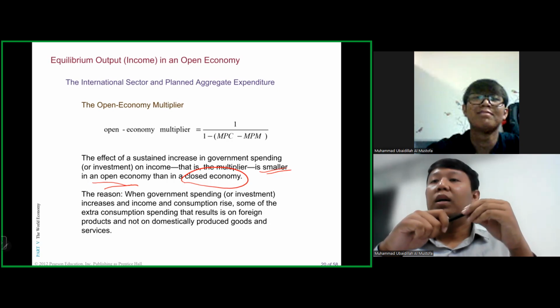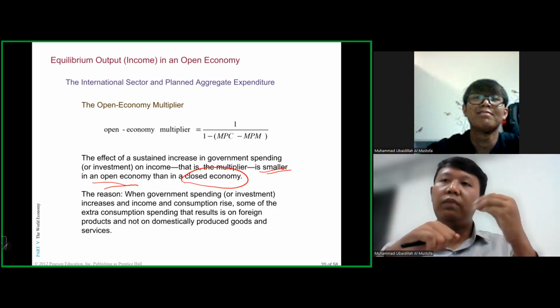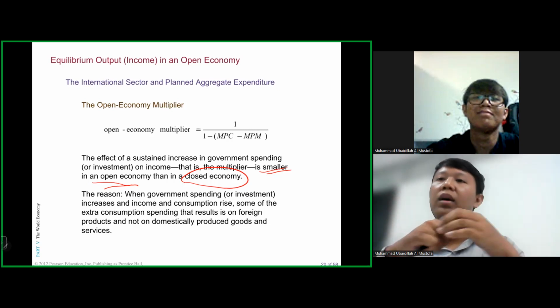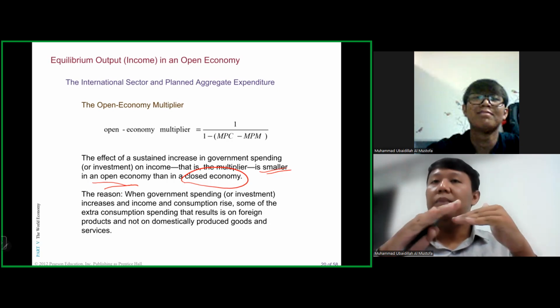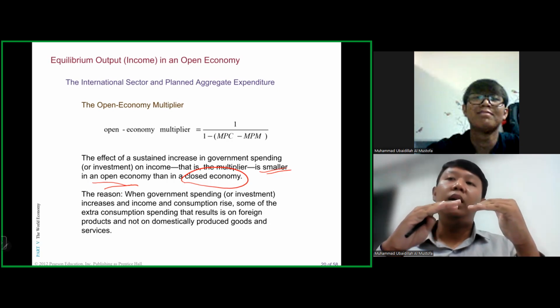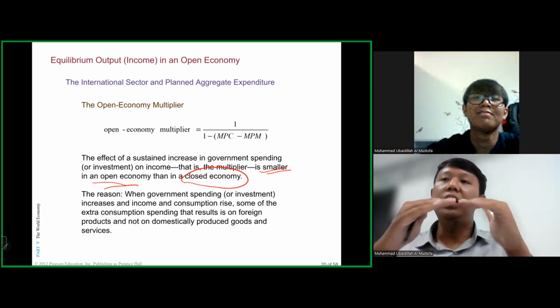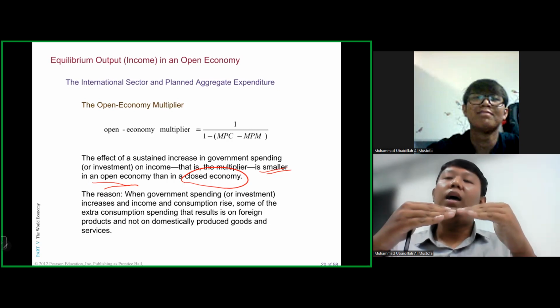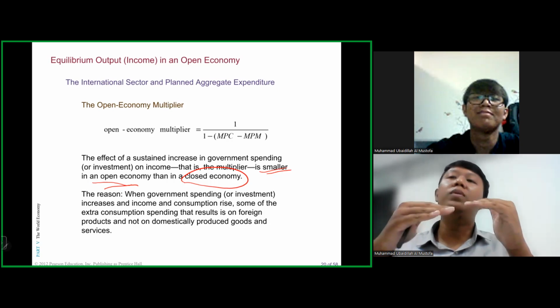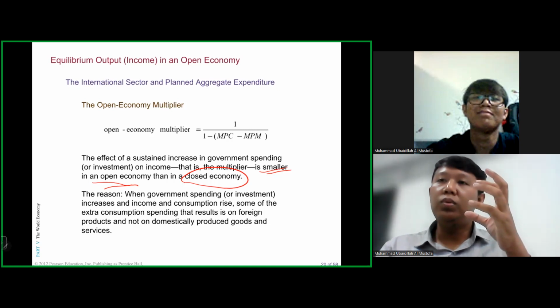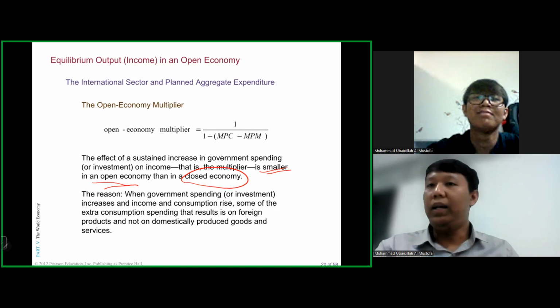Because they don't want the foreign companies and the foreign multinational companies to take the most benefit. That's why they have to balance the growth of local industry, and at the same time allow foreign companies to sell their product in our local market.